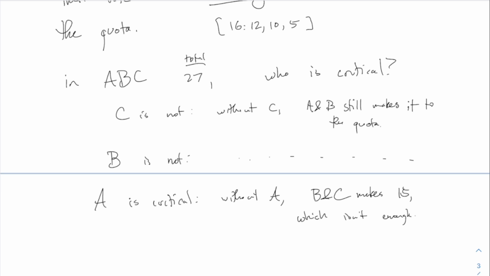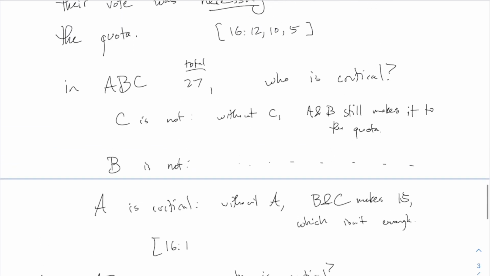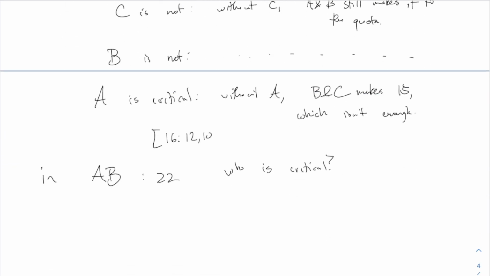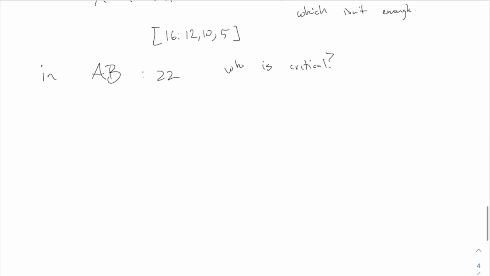All right. What about one of these other combinations? How about in just AB? AB, which added up to 22. Who is critical? Remember the system was 16, 12, 10, 5. All right, this time I consider only A and B. They make 22.